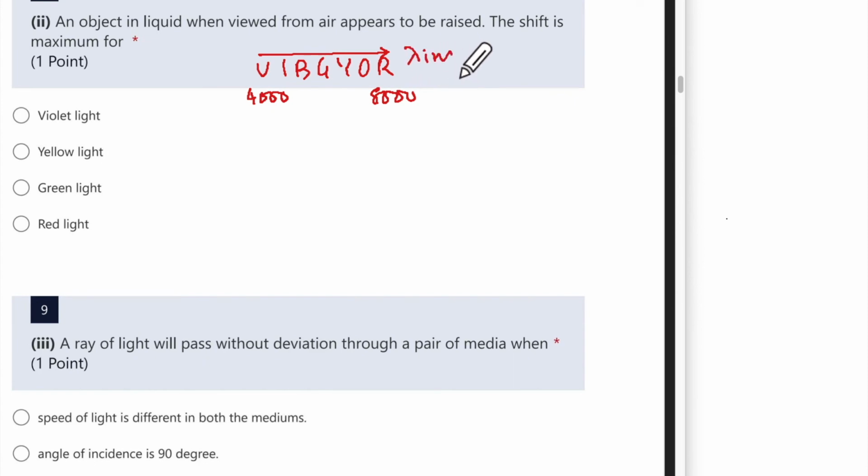So lambda increases as we go from violet to red. Now the shift is going to be inversely proportional to lambda. So the shift is going to decrease, which means the maximum shift is going to be this side and minimum shift is going to be this side. Now maximum will be here for violet. So this is our option.